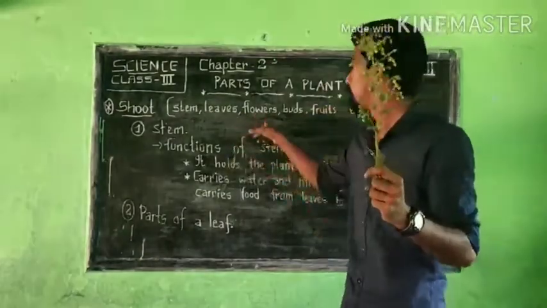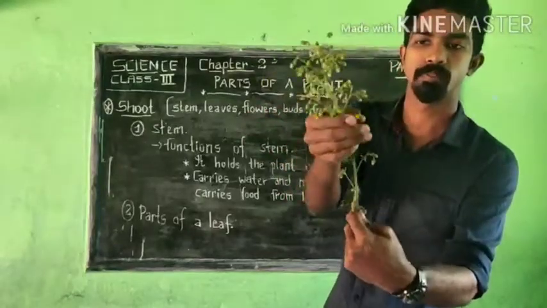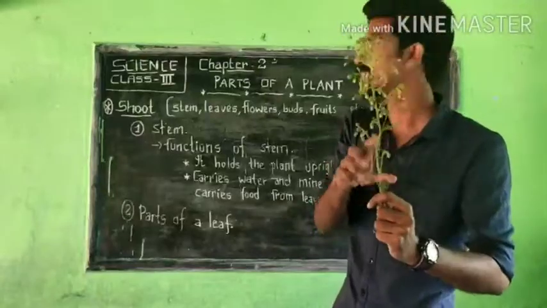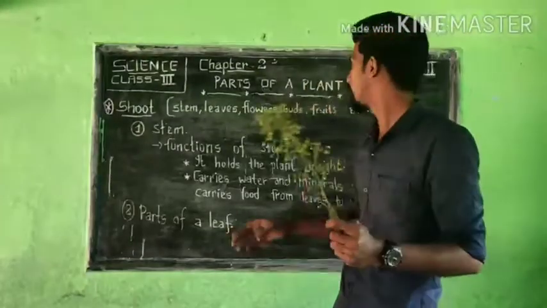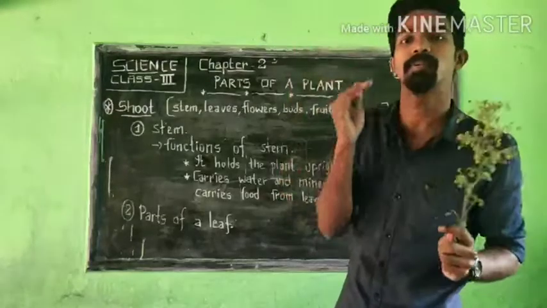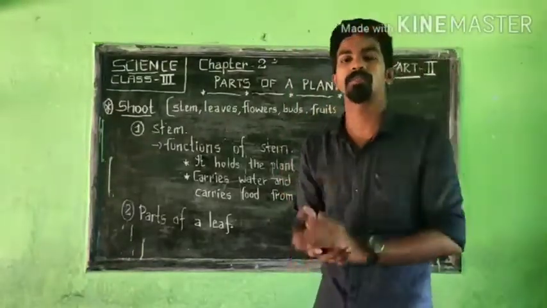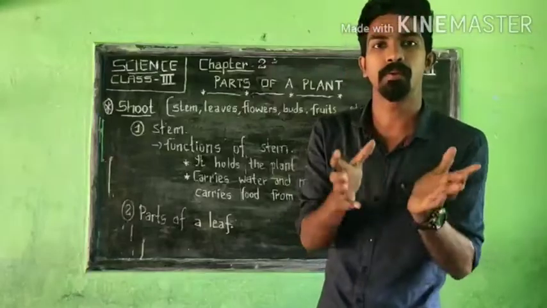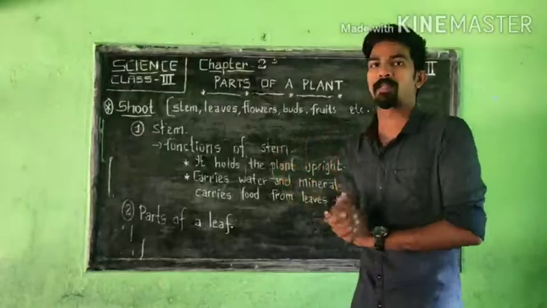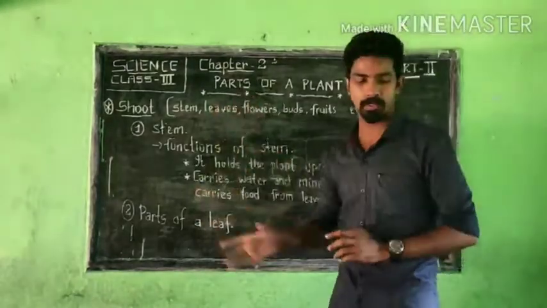And flowers, you can see a small yellow flower there. Then buds and fruits. The fruits are not there, but you can compare it to a mango or grape. We will now explain the shoot system in detail.